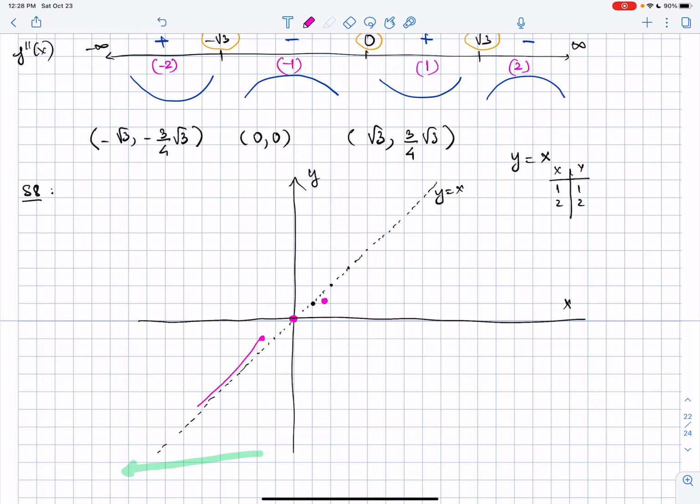And then from negative square root of 3 to 0, which is the interval from here to here, we will have concave downward. So we have like this. And then concave upward, and then concave downward.